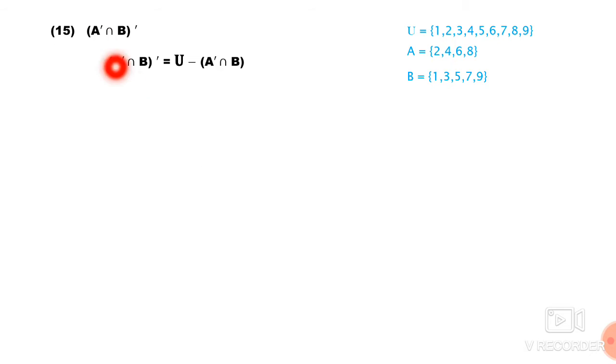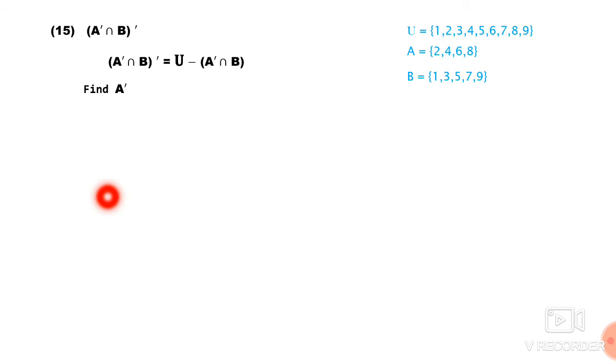To find A complement intersection B whole complement, we have to subtract A complement intersection B from the universal set. To find the complement of A complement intersection B, we have to find universal set minus A complement intersection B. It means we are going to find this part first.